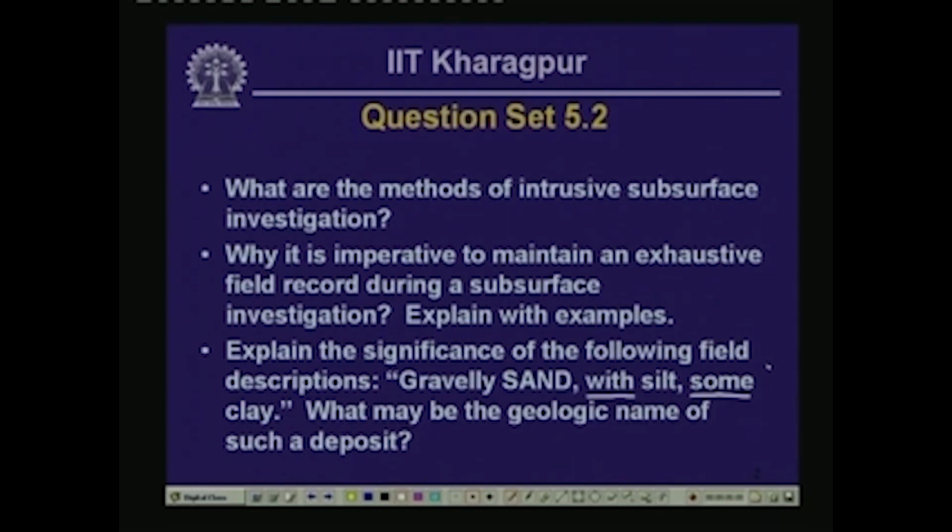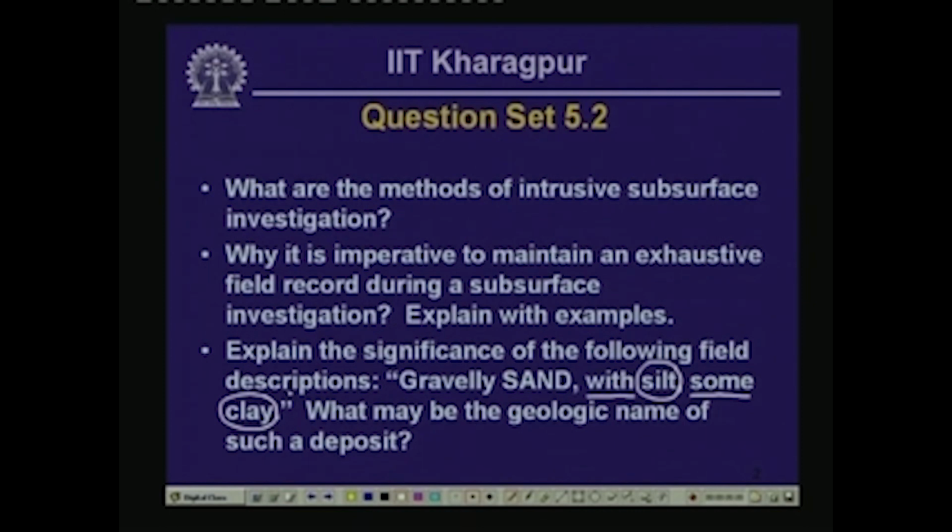Now, as we have noted, with means that that particular component, silt in this case, has a percentage of approximately 20 to 30, and the type of constituent that is qualified with the qualifier some has a percentage of about 12 to 20 within the total soil mass.